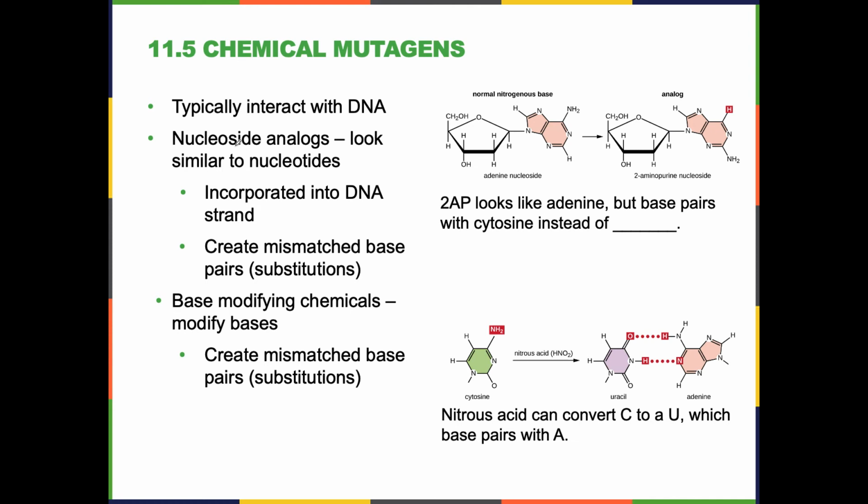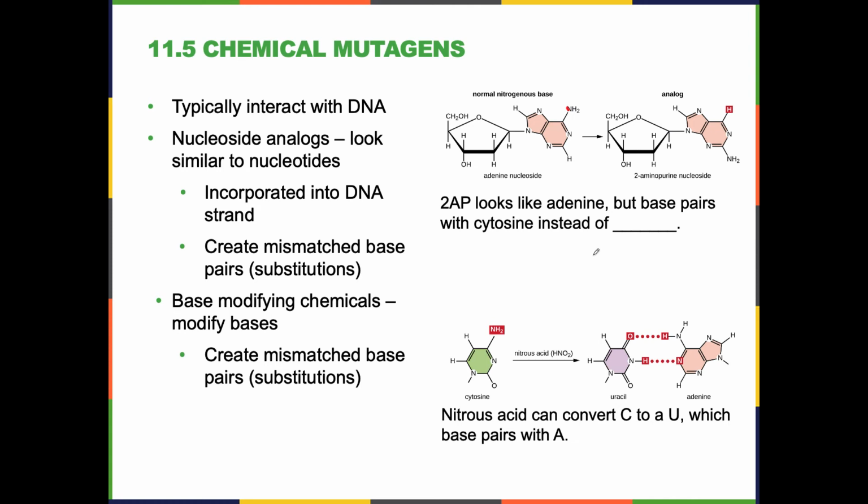However, it gets incorporated into a growing DNA strand. However, because of its slight differences, it mismatches differently, right? So here we have something called 2-aminopurine, and this is adenine. Look how similar 2-aminopurine looks to adenine. Almost identical, except for that N right there, right?